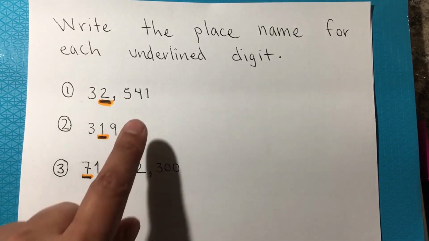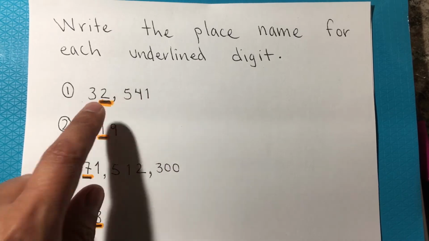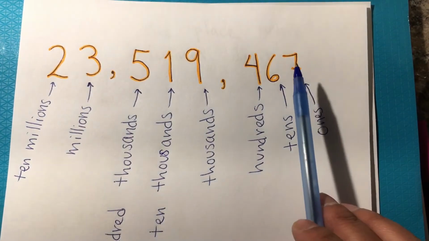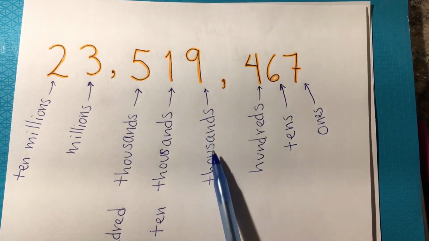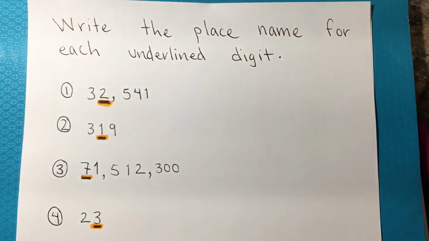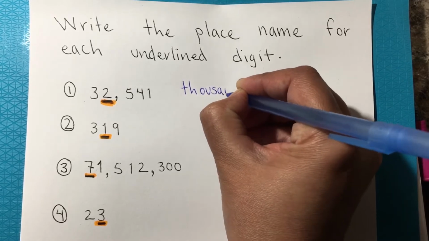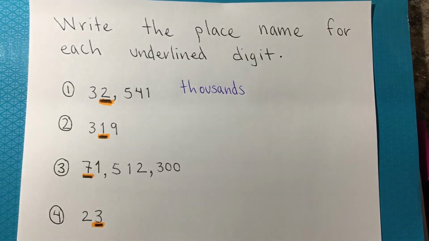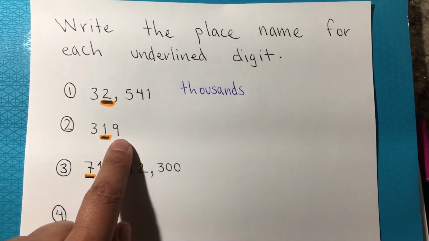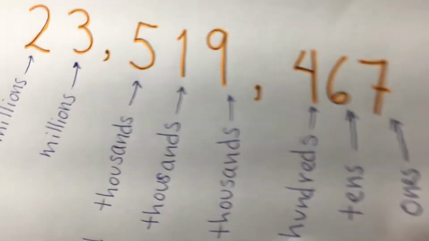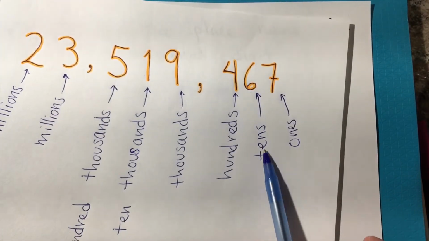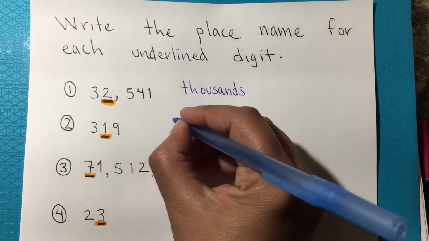Okay, so in here we count 1, 2, 3, 4. We go here to our chart and say 1, 2, 3, 4, and we see that is thousands. Ones, tens, but again, if you don't remember, just count 1, 2, and you can see that it's tens.